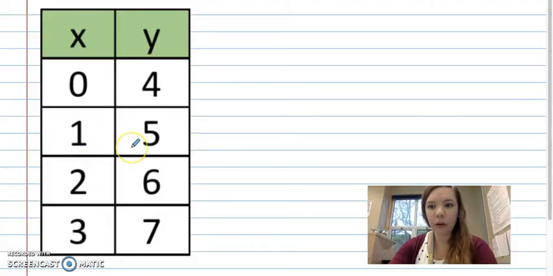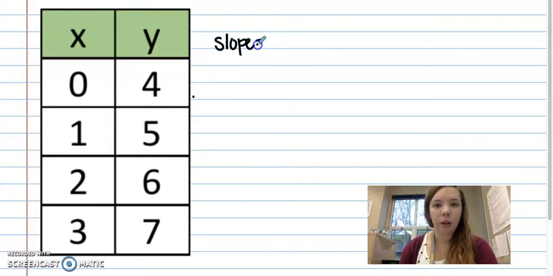Okay, so this is going to be our first example. I would like you to pause and write down the table before I do the problem. So remember, slope is the change in y over the change in x.